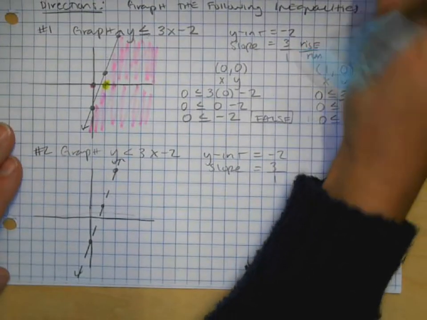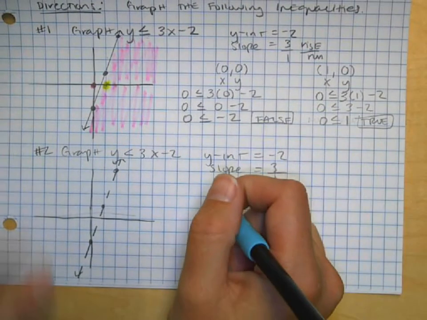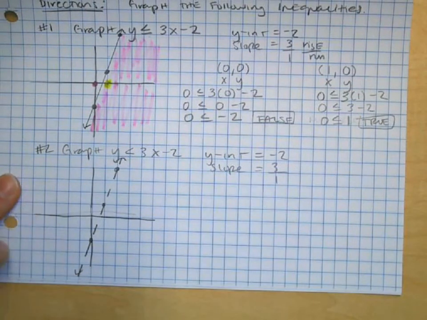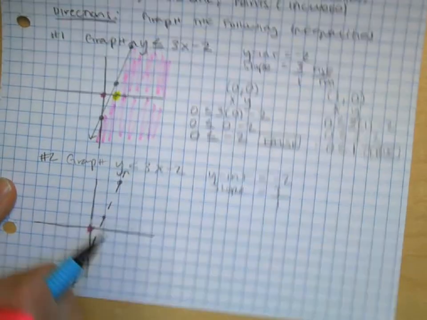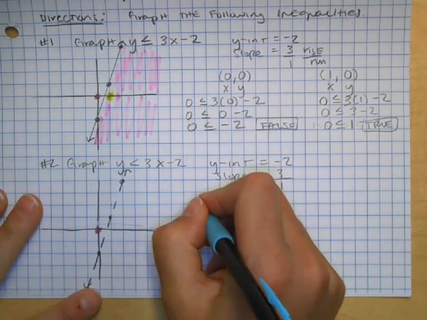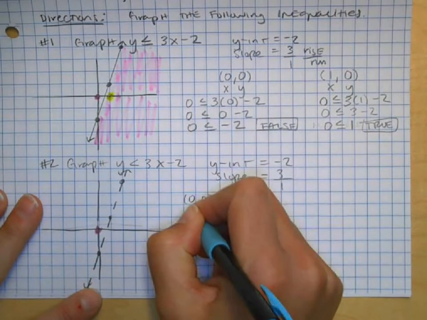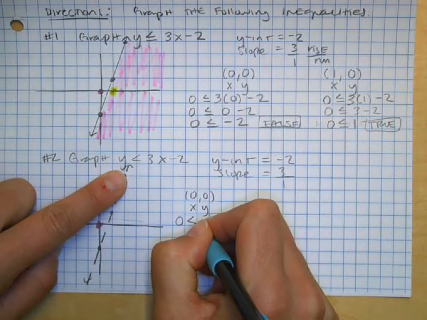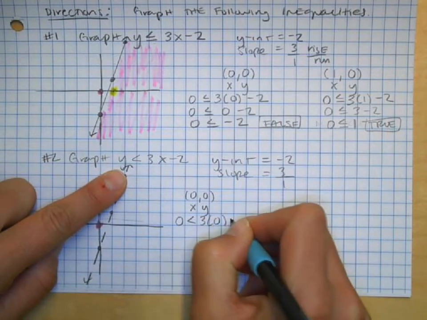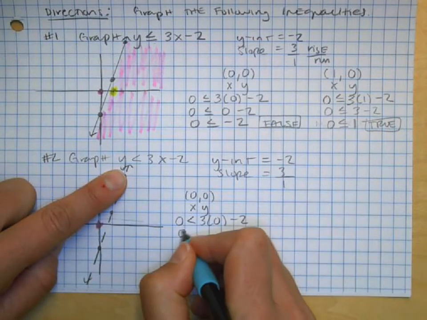And now, since I made it dotted, we're going to test that same point. I'm going to test 0, 0, and we're going to see if we get a true or false statement. So I'm going to plug in 0, 0. This is my x, this is my y. Plug it into my original equation. 0 is less than 3 times 0 minus 2.